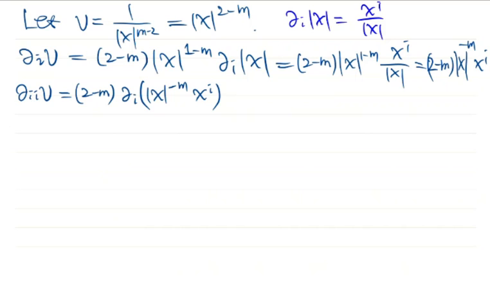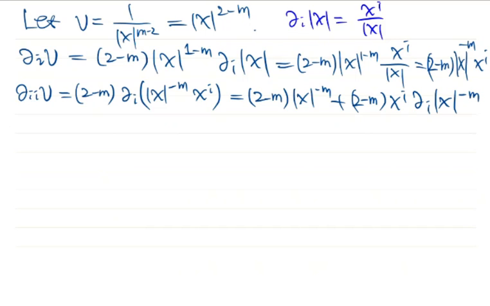Applying the Leibniz rule, we obtain 2 minus m norm of x to the minus m plus 2 minus m xi times the partial derivative of norm of x to the minus m. This is the product of two functions; each time you differentiate one function and multiply by the other, and add the results. That is this equality.